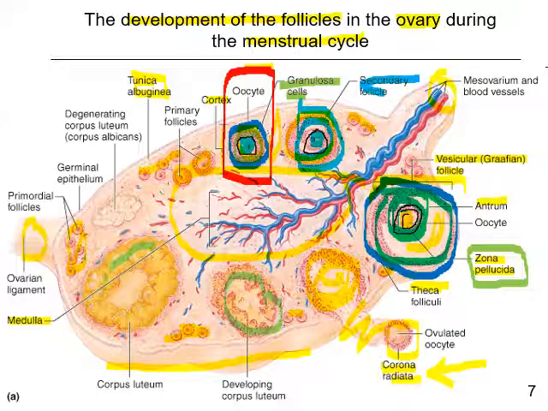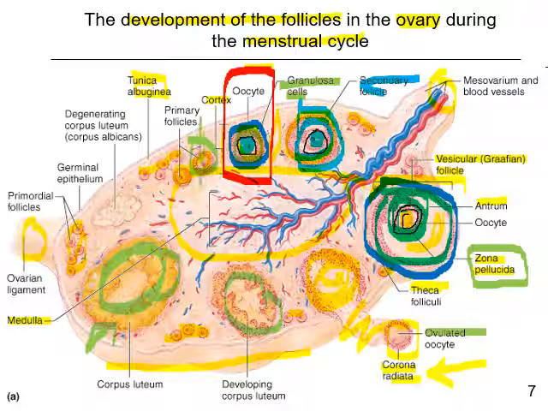This is an image of a mature corpus luteum. The corpus luteum is going to be very important during the luteal phase after ovulation. Again, this corpus luteum is not over here if the oocyte that is developed is over here. All of this is taking place in one location.